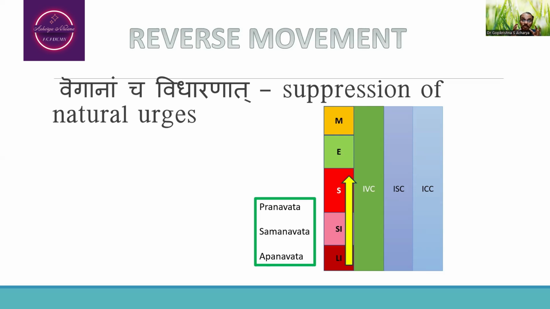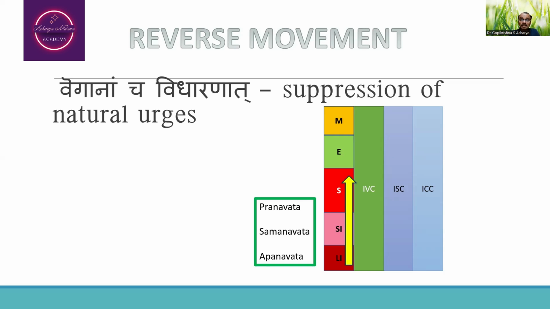The fecal matter has 75% water portion and 25% rough undigested food residue. If the person is doing the suppression, this 75% water portion is going to get reabsorbed from the rectum, resulting in very hard fecal matter present in the rectum.